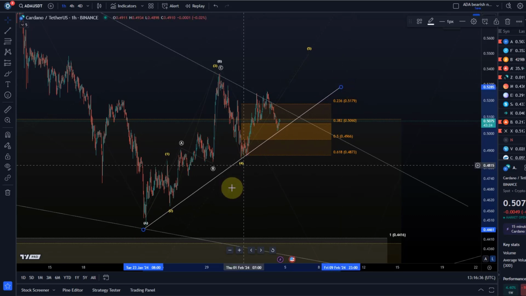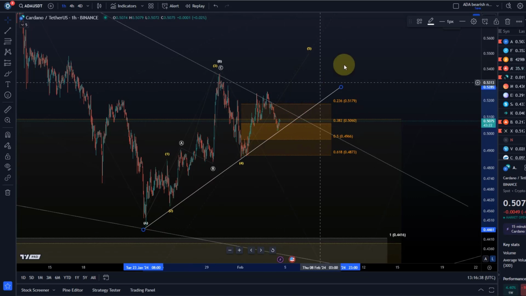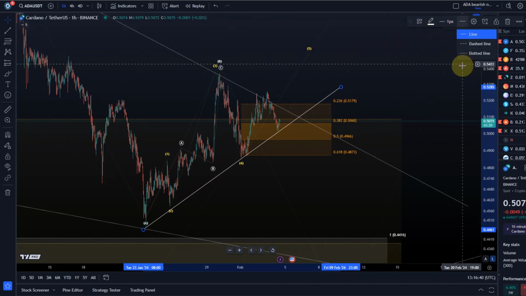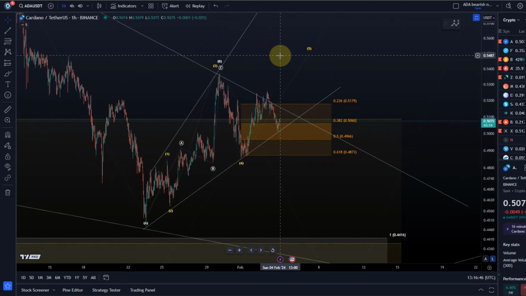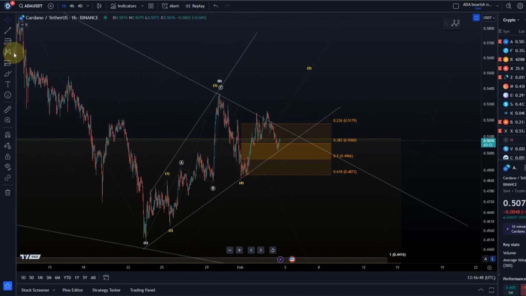You see here we have pretty much, it's not perfect, but sort of 4 touch points. So that's one aspect here. Yeah, so it would have to be an expanding diagonal, however. And then if the 5th wave is unfolding, it certainly needs to stay above the 31st of January low, 1st of February low at around 48.7 cents. And it would have to be an ABC structure.